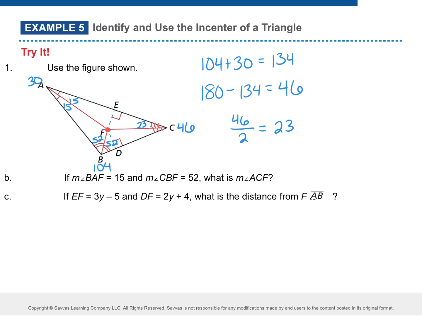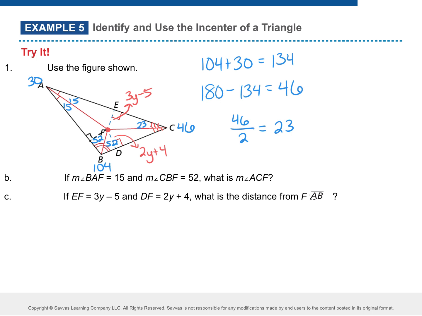It says if EF is 3y minus 5 and DF is 2y plus 4. It wants to know what is the distance from F to AB. So what it's looking for is this right here, F to AB, that one.